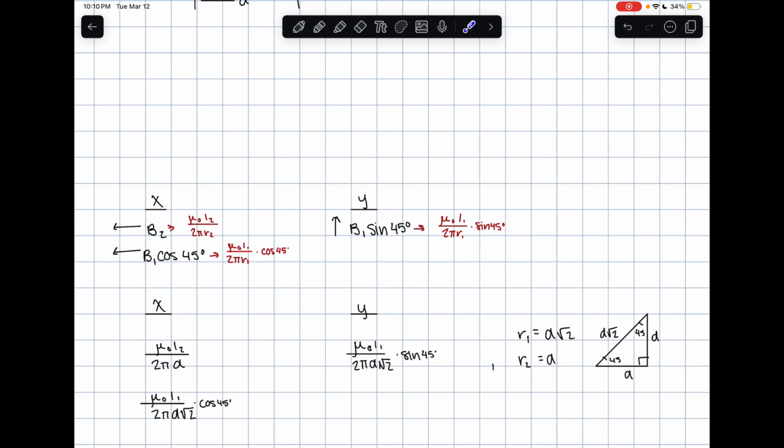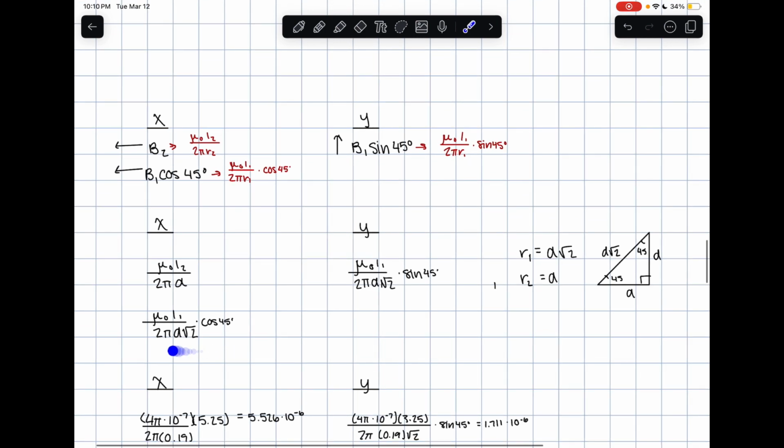So in this case, R1 is going to be equal to D root 2, while R2 will just be D. So now we can replace all of the R1s and R2s with D, which eliminates some of the variables we had there.